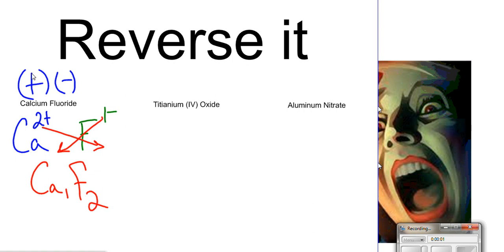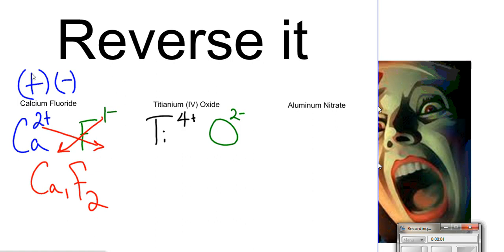If you ever have a transition metal, this gets even easier because they outright tell you what the charge is. So I have titanium, which is misspelled. I have titanium 4, so titanium 4+. Oxide means that I have an oxygen atom that develops a charge, so it's always 2- because it's a chalcogen.